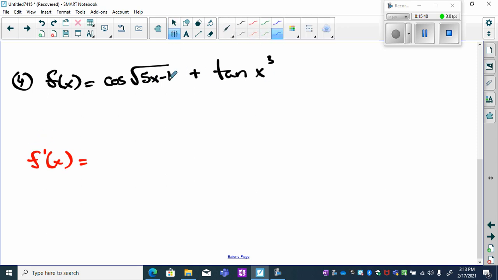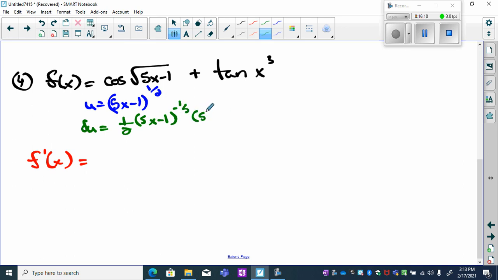Since you're adding these two terms together, there's no product rule or anything. It's just simply the derivative of this plus the derivative of this. Here your u value is 5x minus 1 to the 1/2. The derivative of that would be a chain rule: 1/2 times 5x minus 1 to the negative 1/2 times 5. The derivative of 5x minus 1 would be 5.